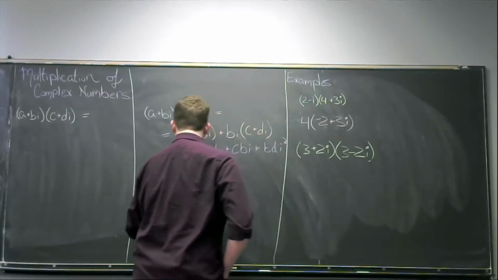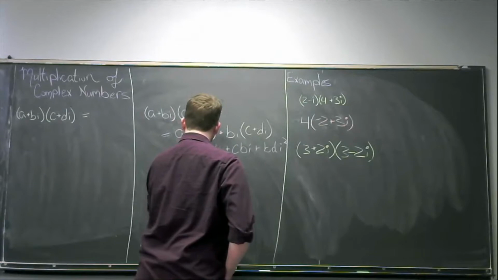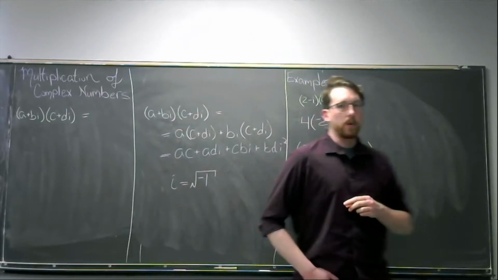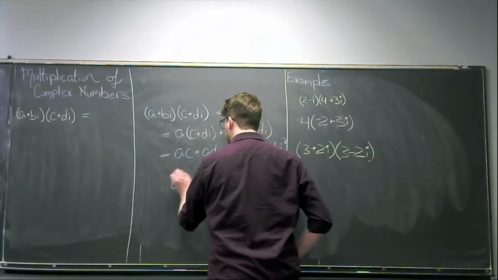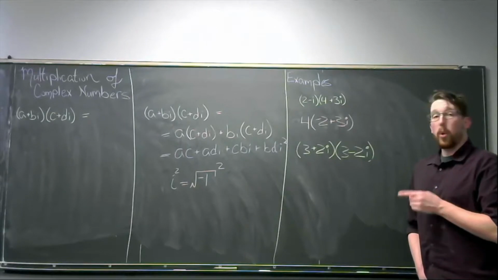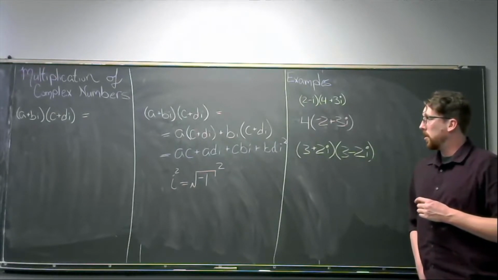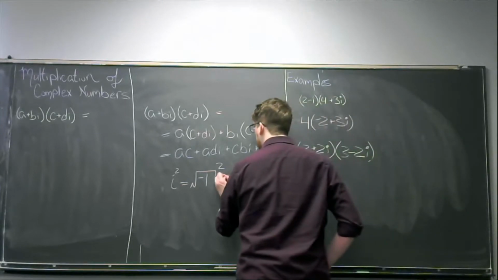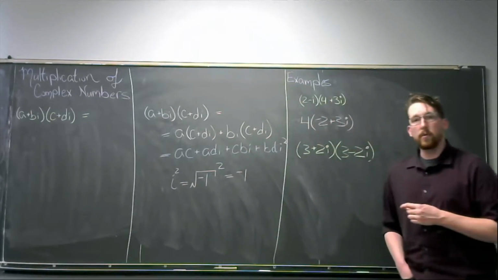What I am saying is i is equal to the square root of -1. So i squared is going to be the square of the square root of -1. Well, if that's the case, then i squared has to be -1.